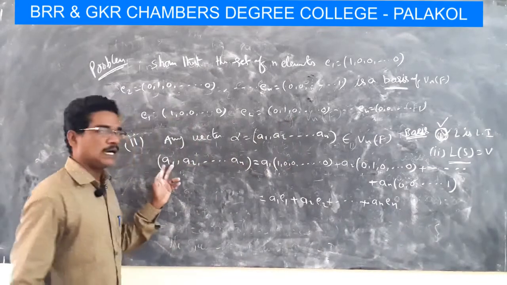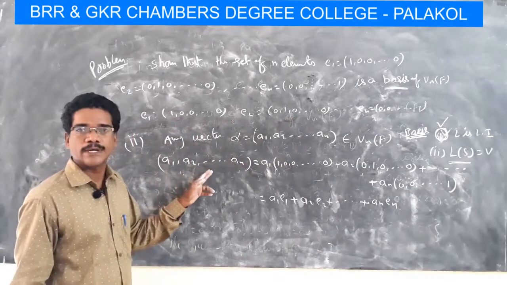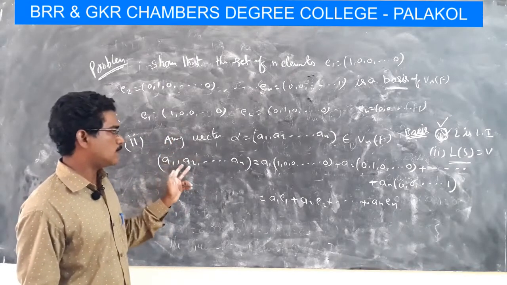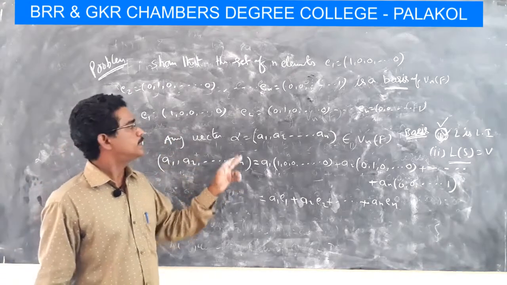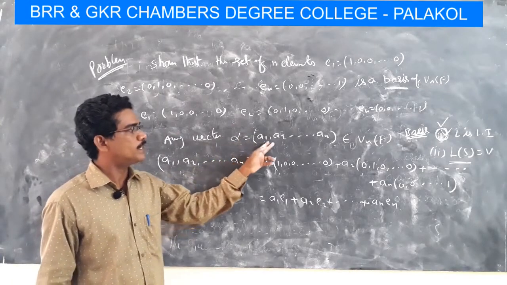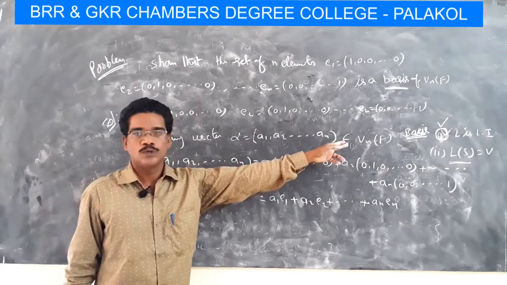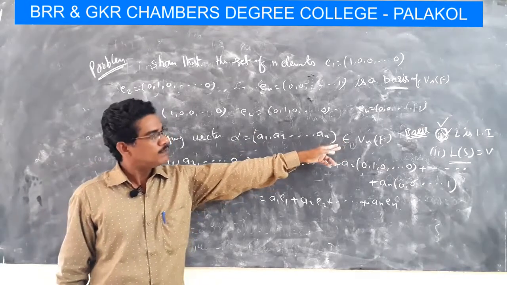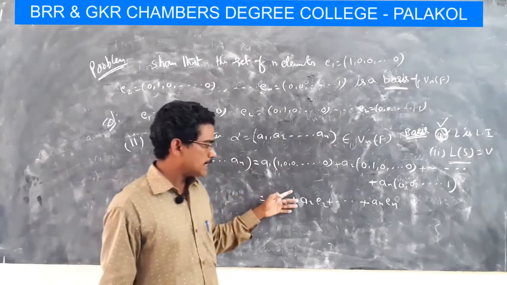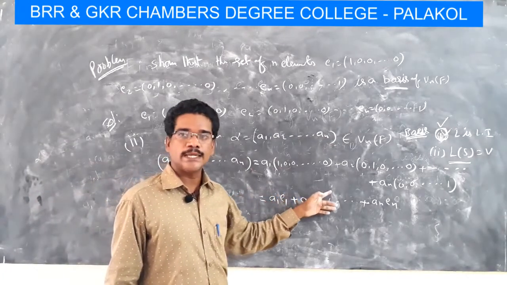Here a1, a2, so on an are the elements of alpha. So alpha equals a1, a2, so on an, which belongs to Vn of f, then a1 e1 plus a2 e2 so on an en.